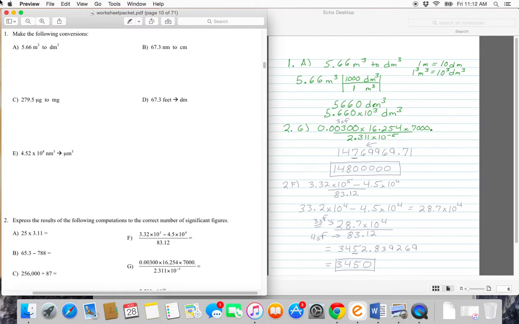Since we are working with multiplication and division, the answer must be reported with the least amount of significant figures based on the least precise measurement. And the least precise measurement in this particular case is going to be 0.00300. Why? That's because this value has only 3 significant figures.